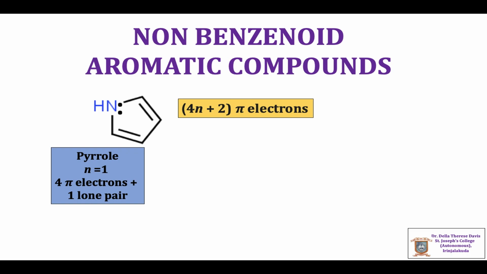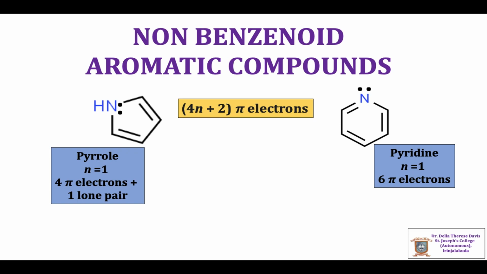N is equal to 1. According to Huckel's rule, pyrrole should have 6 pi electrons for the delocalization. There are 4 pi electrons and contribution from 1 lone pair, so that the total number of electrons for delocalization is 6, and the molecule obeys Huckel's rule of aromaticity.